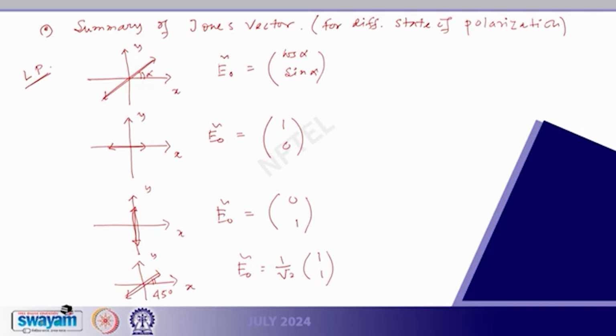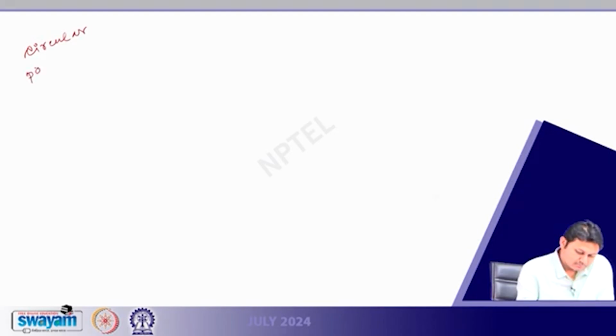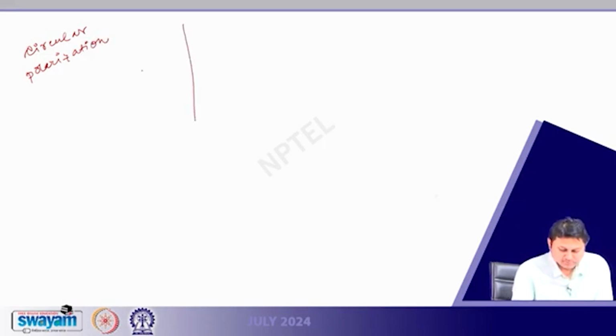Now, what happens if I put a circularly polarized light? For circular polarization, we have two states.